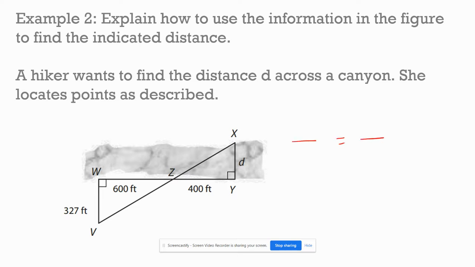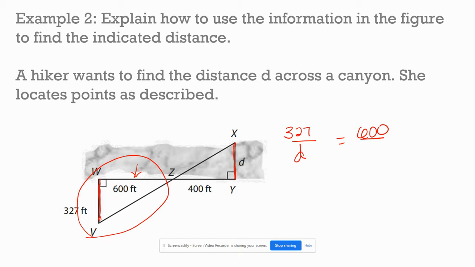Let's say, for example, I start with this triangle here. In this case, this is basically my d. So let's say 327, that's going to be my height, right? My height of the other item is going to be d. Because I have started with this triangle first, the other piece of information that I have is 600.